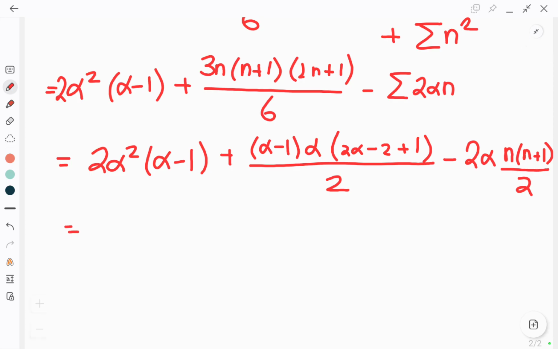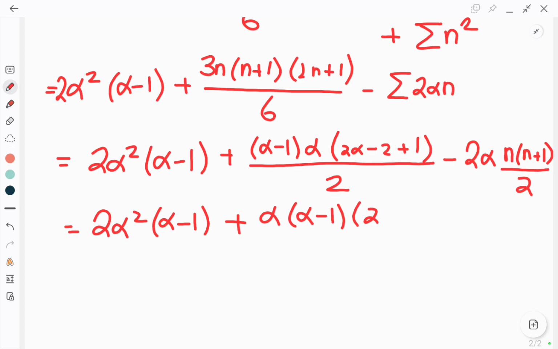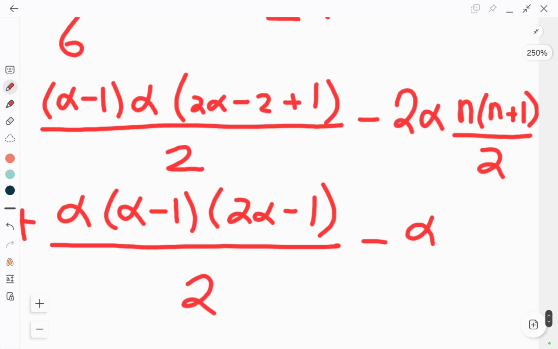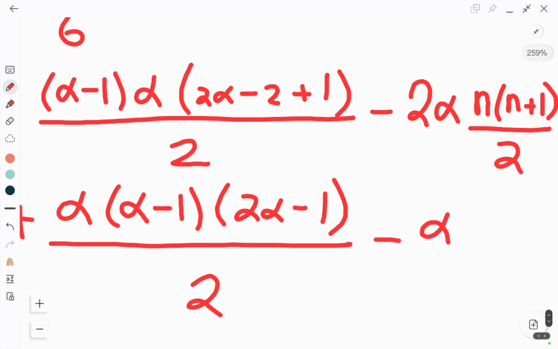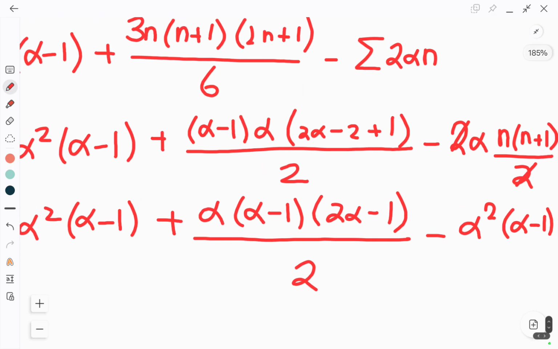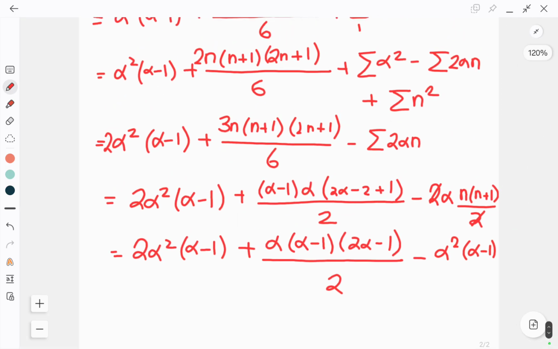Yes, so we will write 2 alpha square into alpha minus 1 plus alpha into alpha minus 1 into 2 alpha minus 1 by 2, minus alpha; we will put n as alpha minus 1, so it is alpha square into alpha minus 1. 2 and 2 we are cutting, so these two terms are the same.